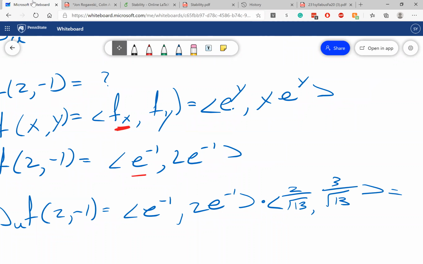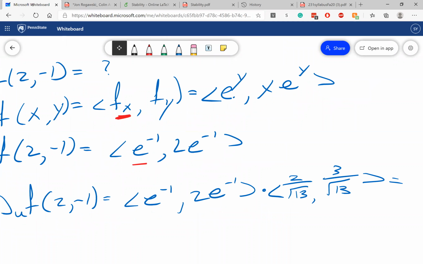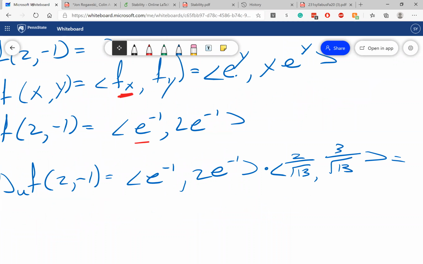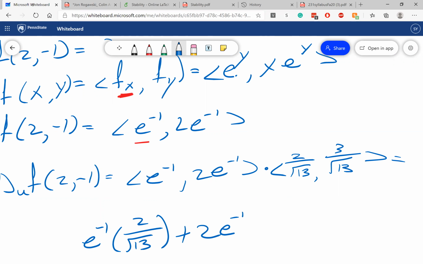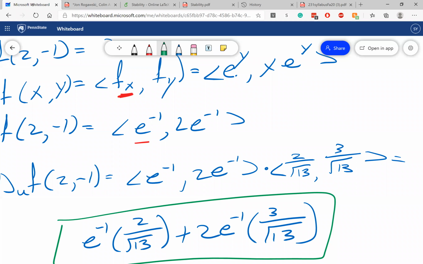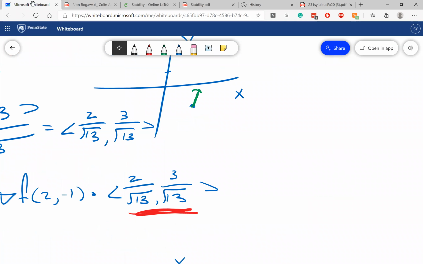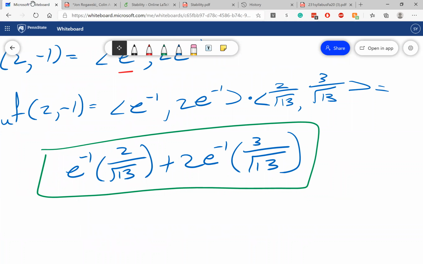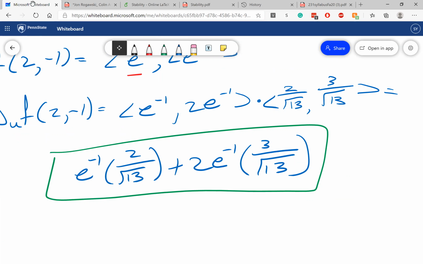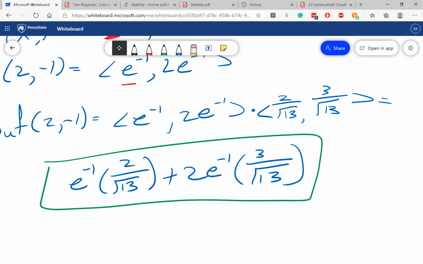And this is going to be e to the negative 1 times 2 over the square root of 13 plus 2e to the negative 1 times 3 over the square root of 13. This is our directional derivative, which means as we move in this direction, my z component is going to change in this way. Or we can think about this as the slope of the line above in this direction.